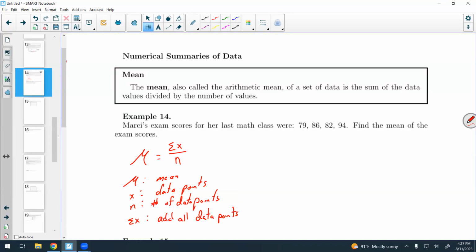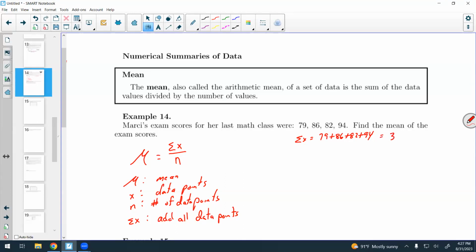So looking at my formula, I need to find the sum of all the x's, which is 79 plus 86 plus 82 plus 94.